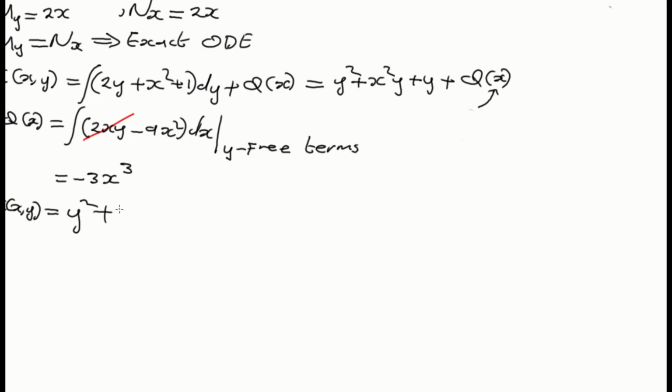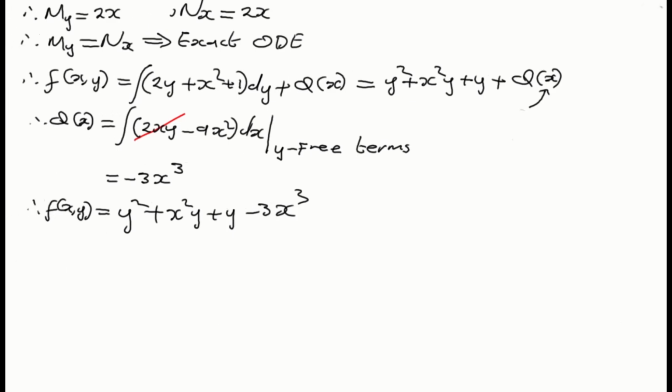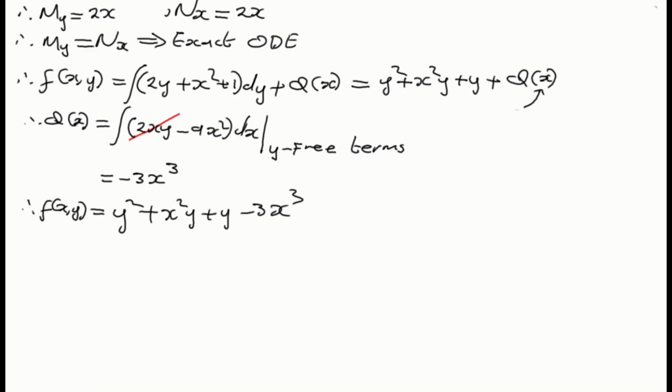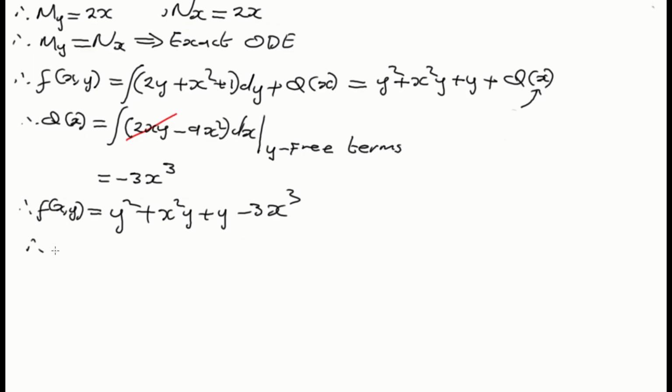So it's x squared y minus 3x cubed. Therefore, we conclude y squared plus x squared y minus 3x cubed is equal to c.